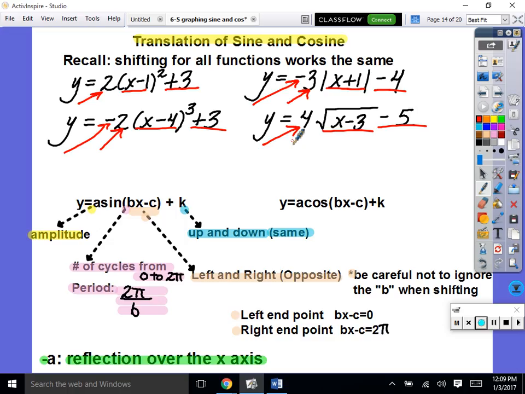That will be your left endpoint. And then to find your right endpoint, remember if we used to end up at 2 pi, but now we're shifting it over, then you would set bx minus c, this entire inside, equal to 2 pi, and then solve for x, and that would be your right endpoint. You'll see what I mean when we get to some examples.